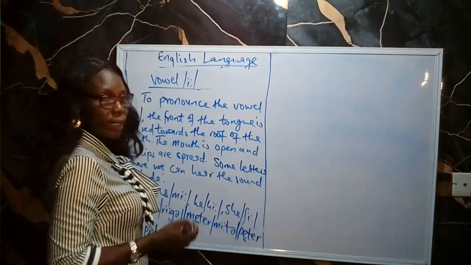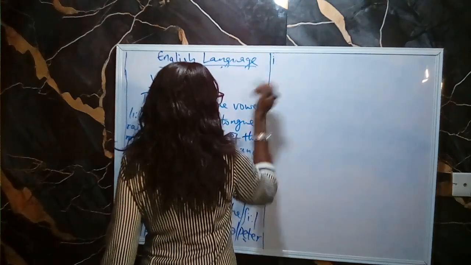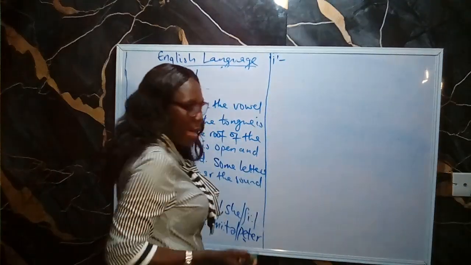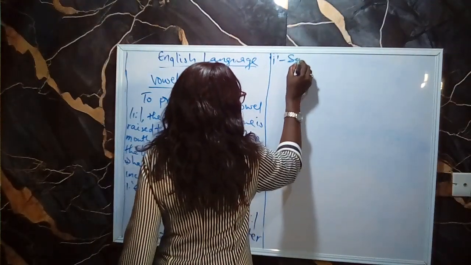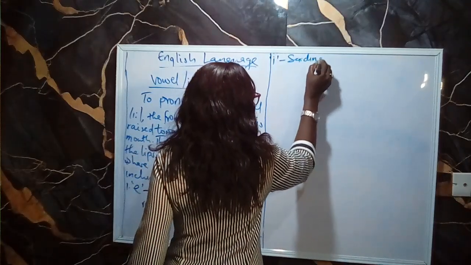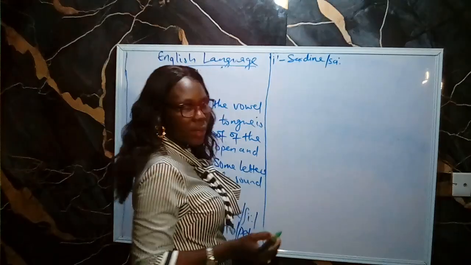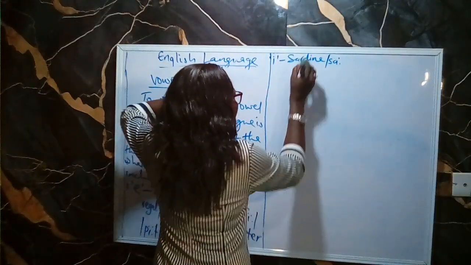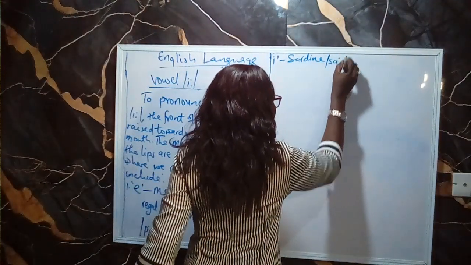We can see it in other letters like letter I, as in sardine. Sa, this long R sound, we normally see it in AR. Sardine.